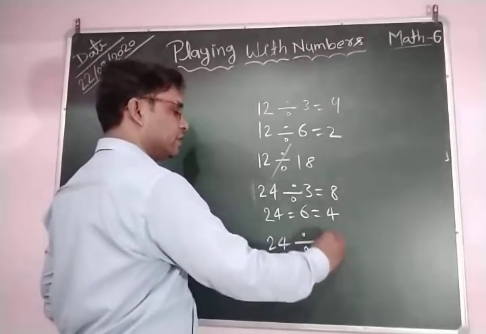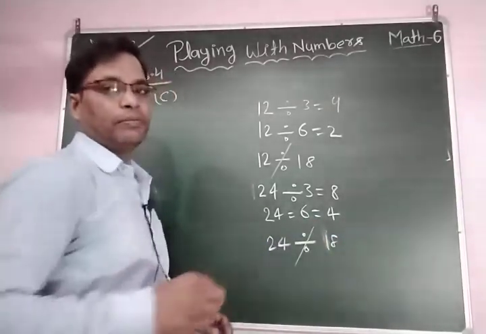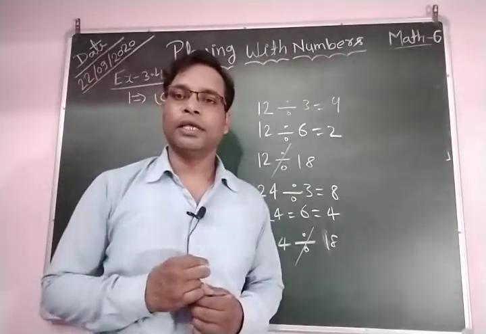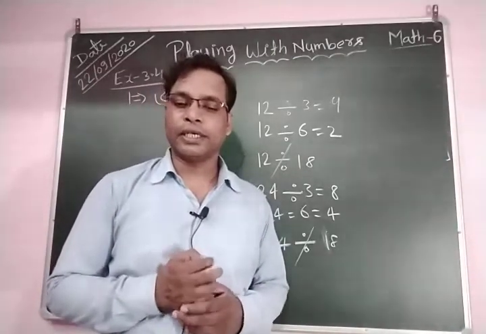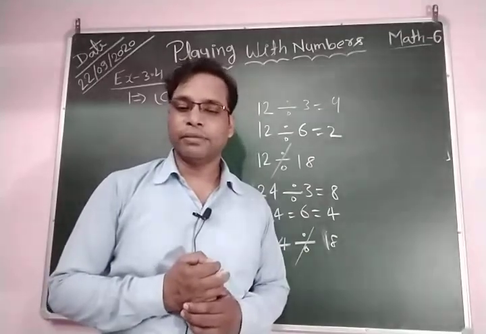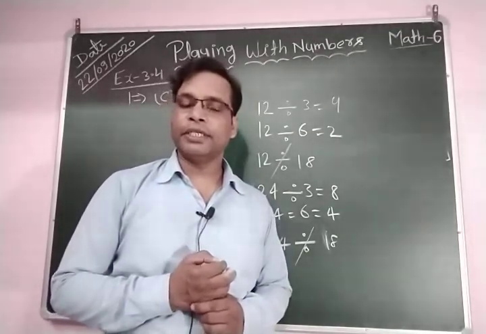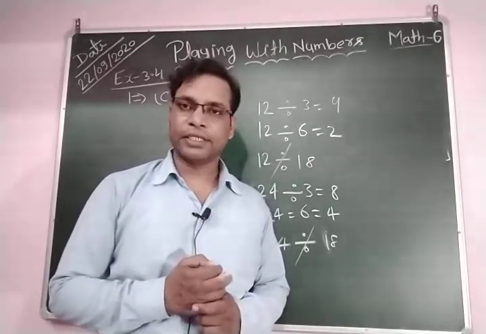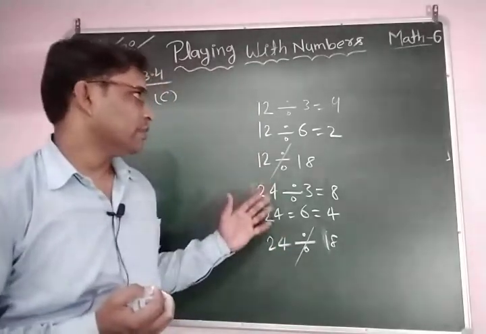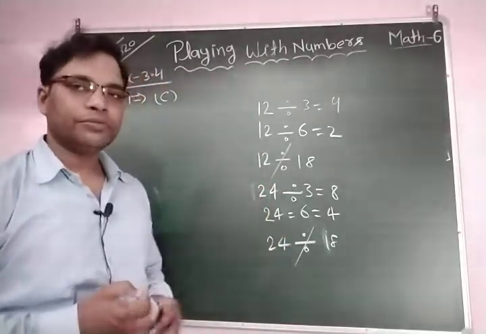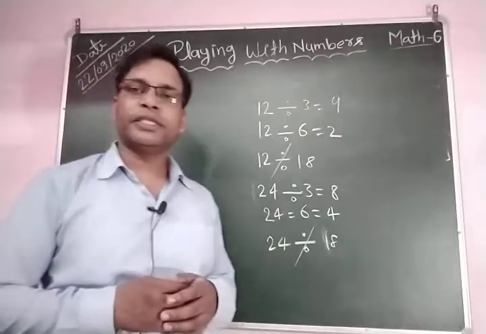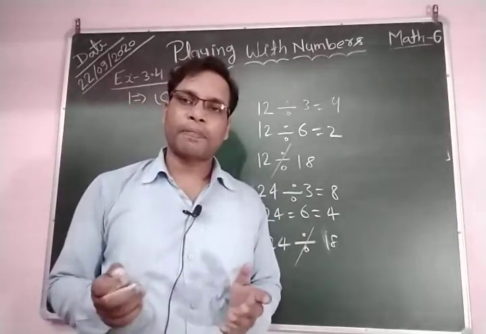But our statement told us that a number is divisible by 18 if it is divisible by 3 and 6. So here you can see we take two examples, 12 and 24. Both are divisible by 3 and 6, but not divisible by 18.